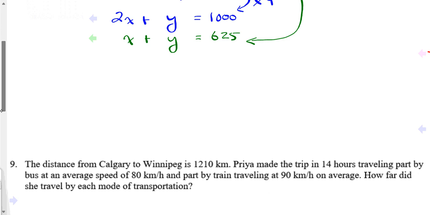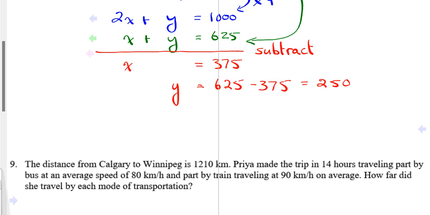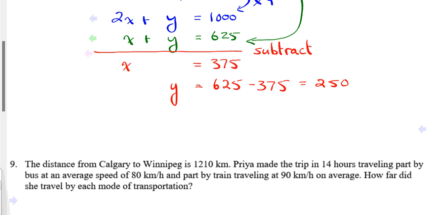So then with these matching coefficients, I can subtract my two equations to get the value for x as being 375 grams, and then solve for y to get 250 grams. Once again, to save time, I'm not going to show the verification, but that's something that you should do.